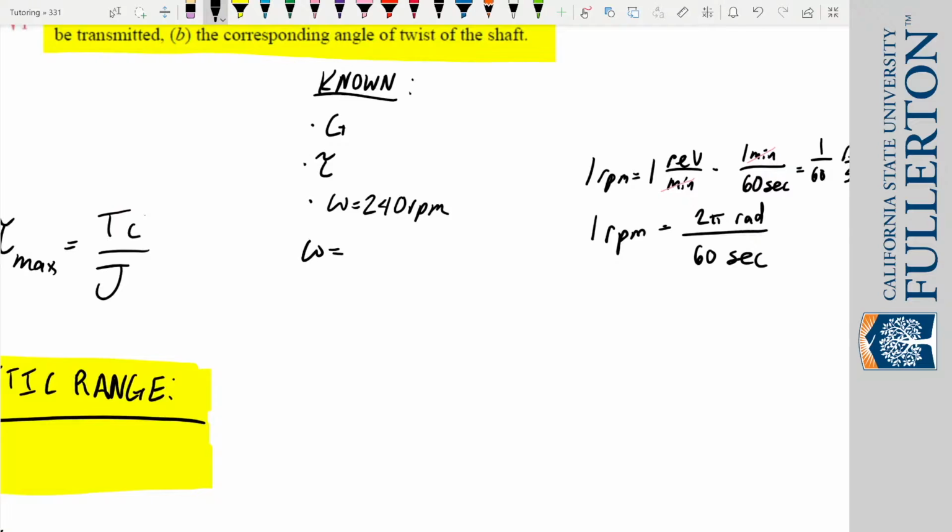So omega is going to be equal to, let me go grab my calculator, 25.13 radians per second. I'm just giving 2 decimal places here, so it's approximate.